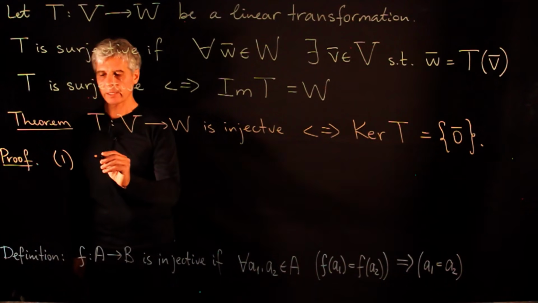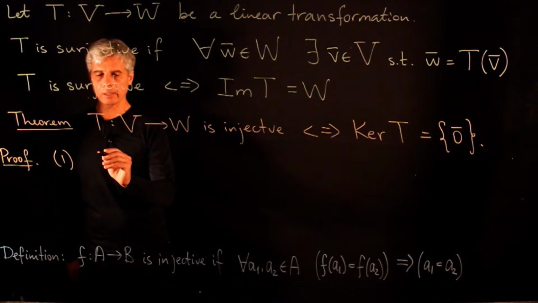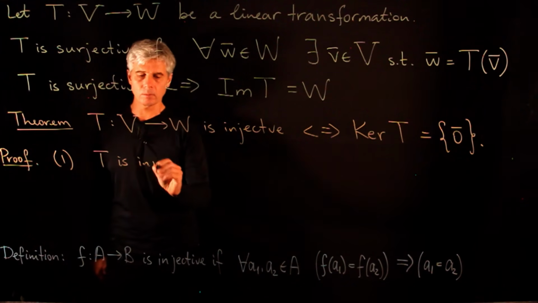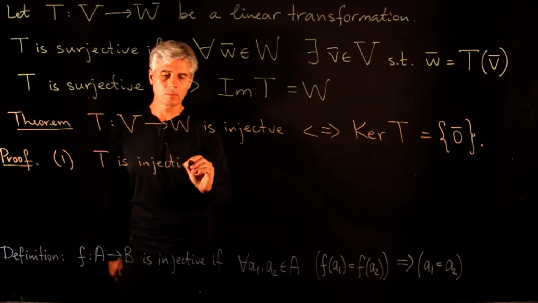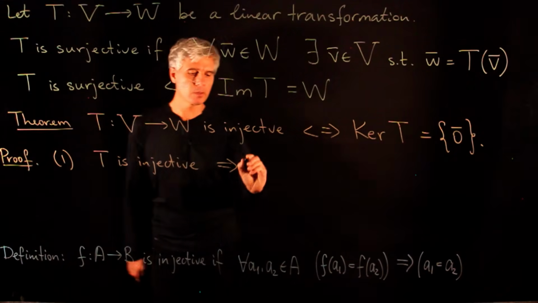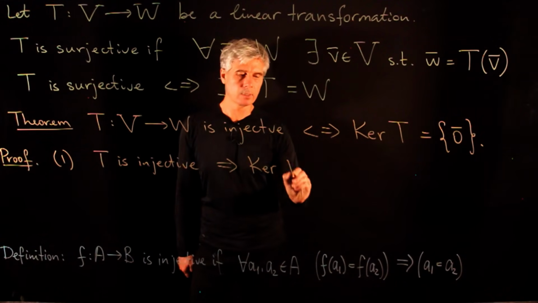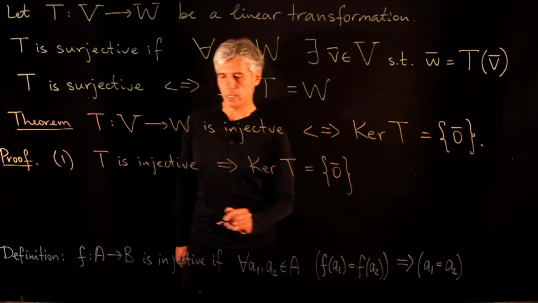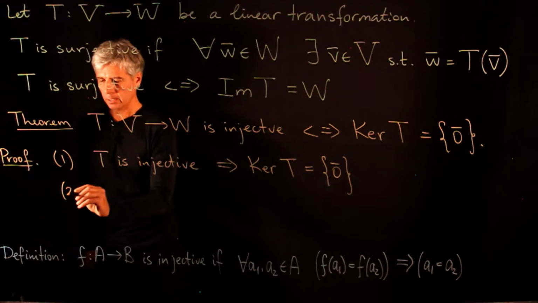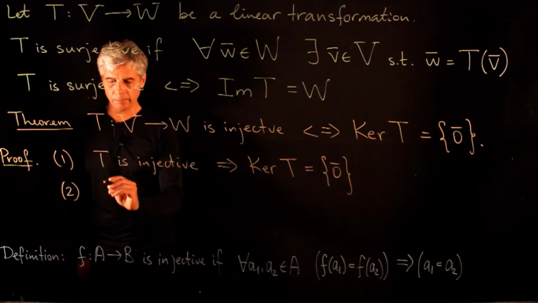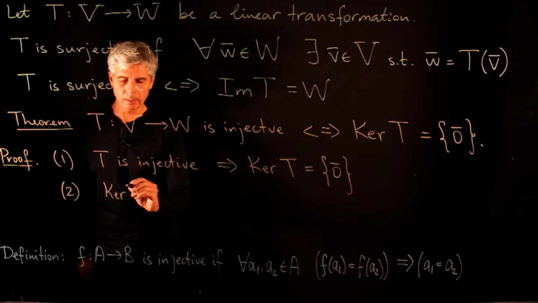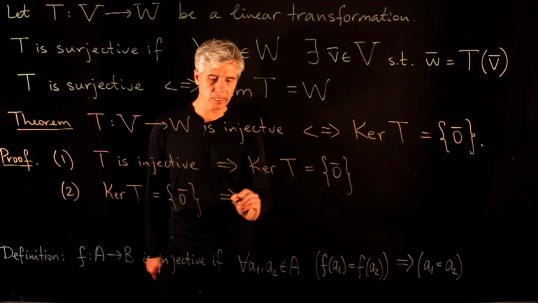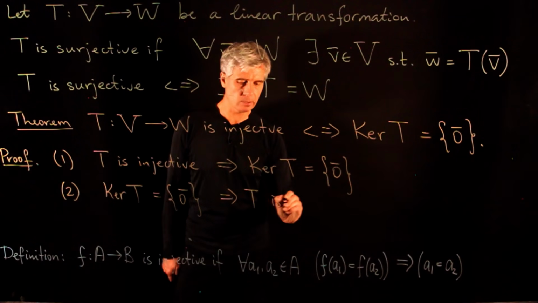So the first part says that if T is injective, this implies that the kernel of T is the zero vector. And the second part that we need to prove is that if the kernel of T is the zero vector, then this implies that T is injective.